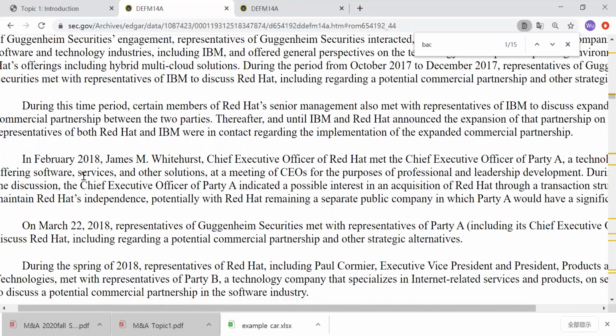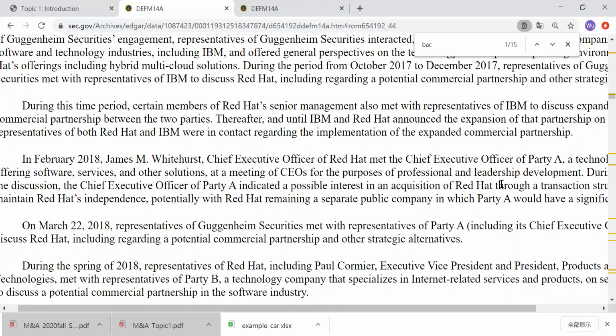Now, this paragraph in February 2018 is saying that the CEO of Red Hat and the CEO of Party A, which is an anonymous, different company, met. In that case, the CEO of Party A indicated possible interest in acquiring Red Hat.